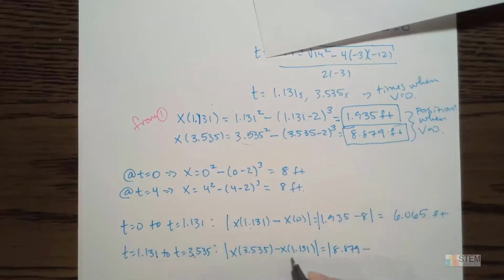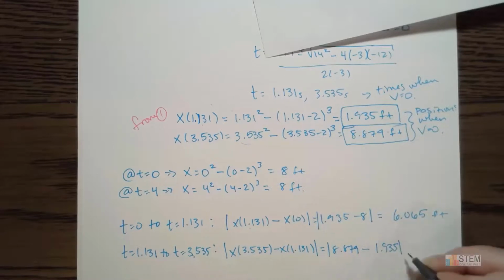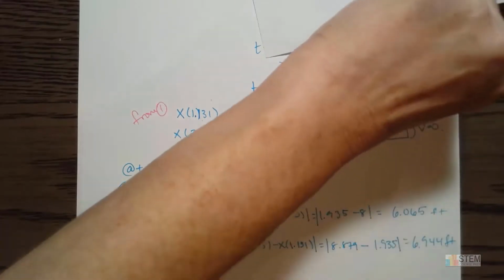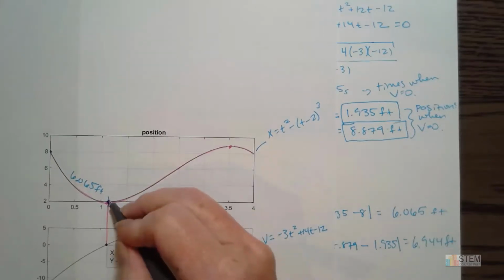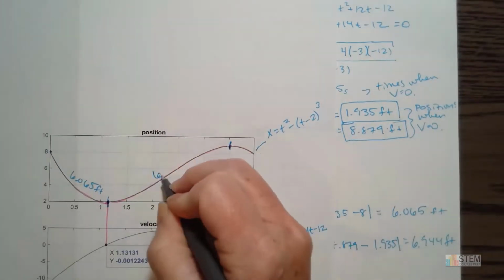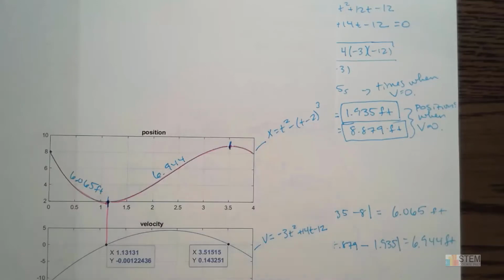And then subtract off the 1.935. And this is 6.944 feet. All right, so that means from here to here is 6.944 feet.